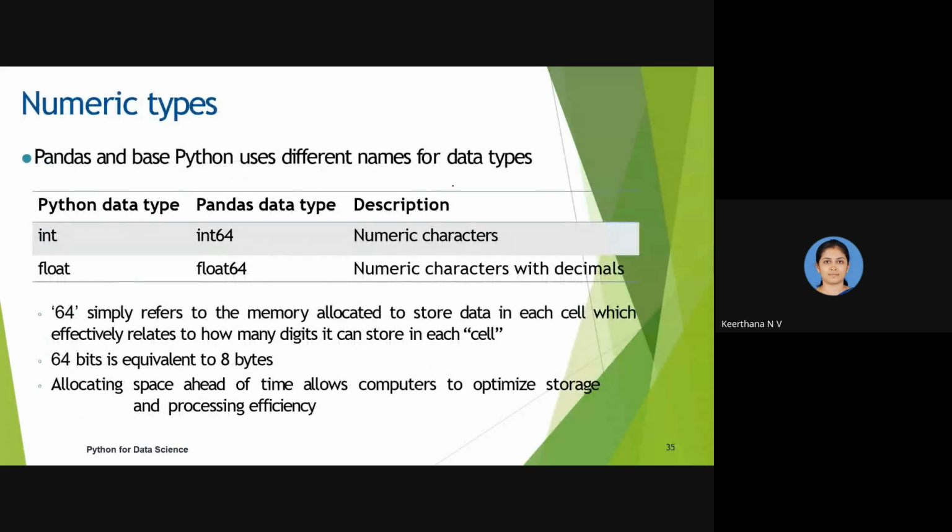For numeric data types, generally there are two: int64 or int32. int64 deals with 8-byte data, and int32 deals with 4-byte data. Same thing for float. As you have seen in the previous slides, the output will be displayed as int64, because here I'm purely dealing with a CSV or Excel file, so by default each value is int64, that is 8 bytes.